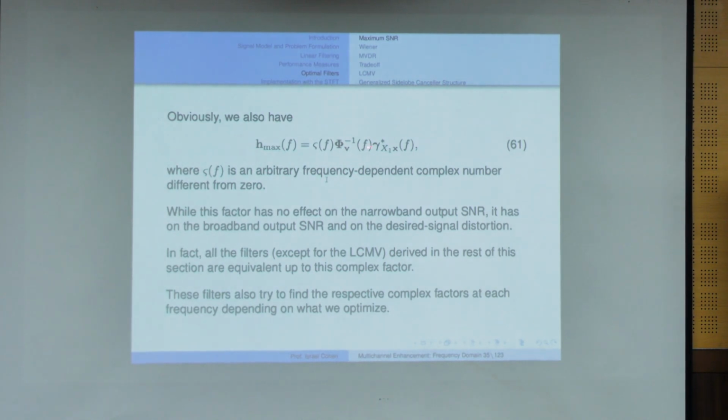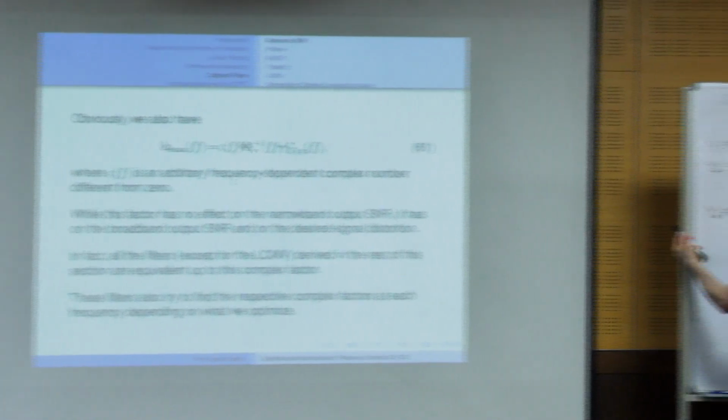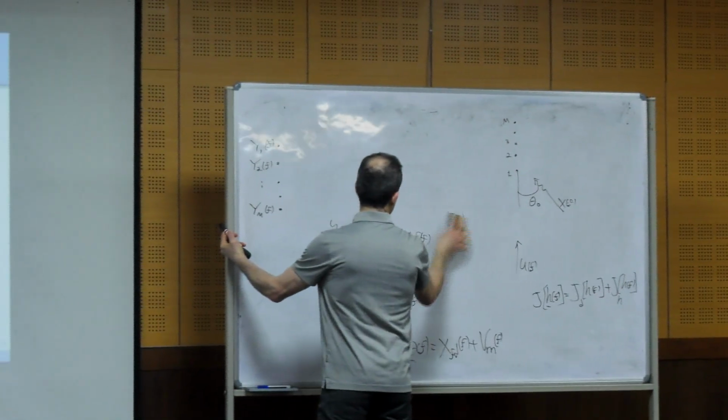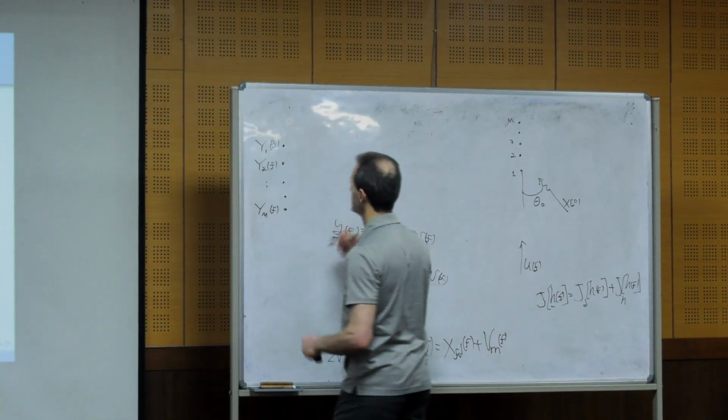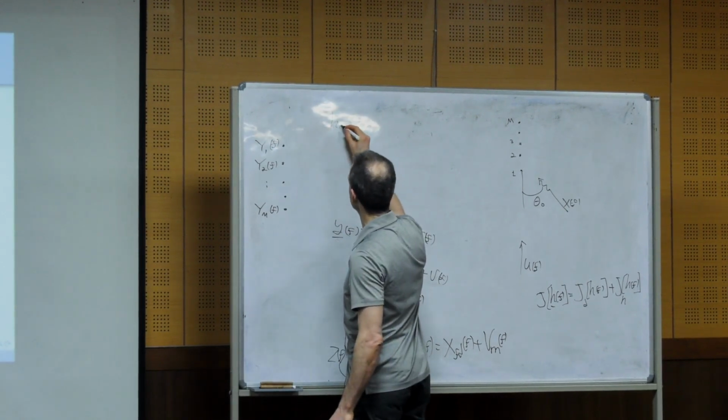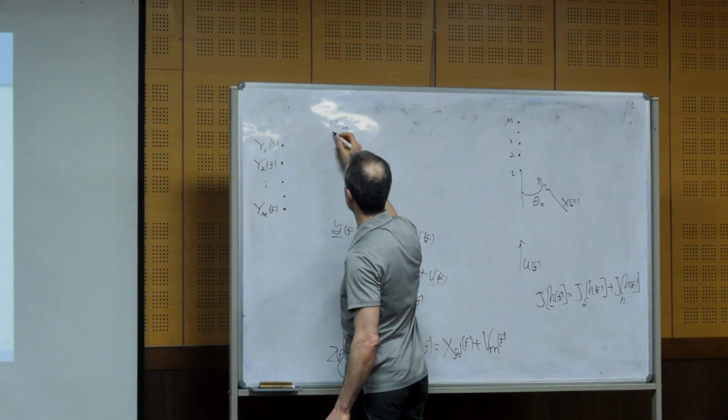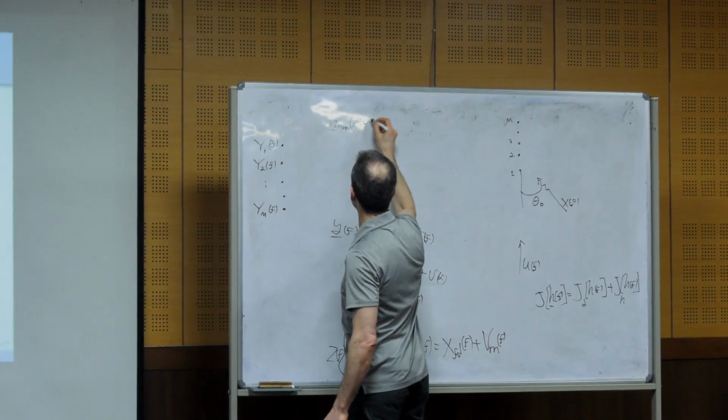Phi v minus 1, complex conjugate of the partial coherence between x1 and x. Okay? So let's write it here. We saw that any filter that is proportional to that maximizes the output SNR.